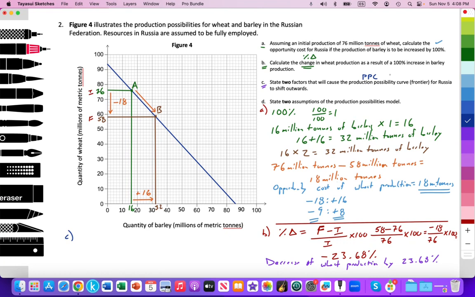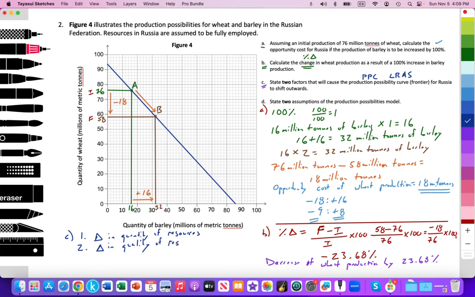and in macroeconomics causes a shift in the LRAS, or the Keynesian aggregate supply curve. First is change, delta for change, in the quantity of resources. So if Russia is able to acquire more factors of production, land, labor, capital, that can cause the PPC curve to shift outward. Number two, a change in the quality of their resources.